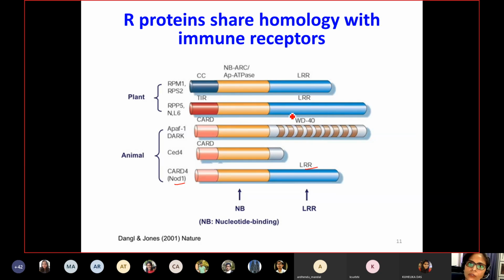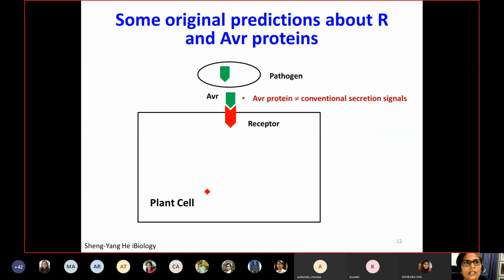So basically what you are seeing here is that animals and plants have similar kinds of proteins that fend against pathogens. This was confirmed, and on top of it, it was known that a certain middle region was acting as a nucleotide binding region. They found this out from the database, and after that they came back again to the AVR gene.